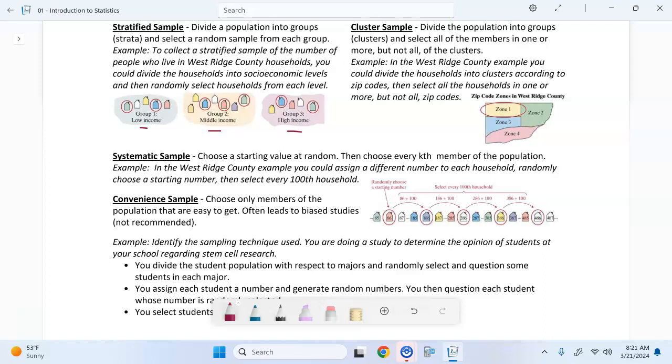They start at some point, the manager walks out, picks a customer, asks a survey, and then waits till 9 more people walk out and then asks the next person. And then waits for 9 more people to walk out and then asks the next person. And so that's a systematic sample. We pick a starting value and then an interval to keep adding to the sample.